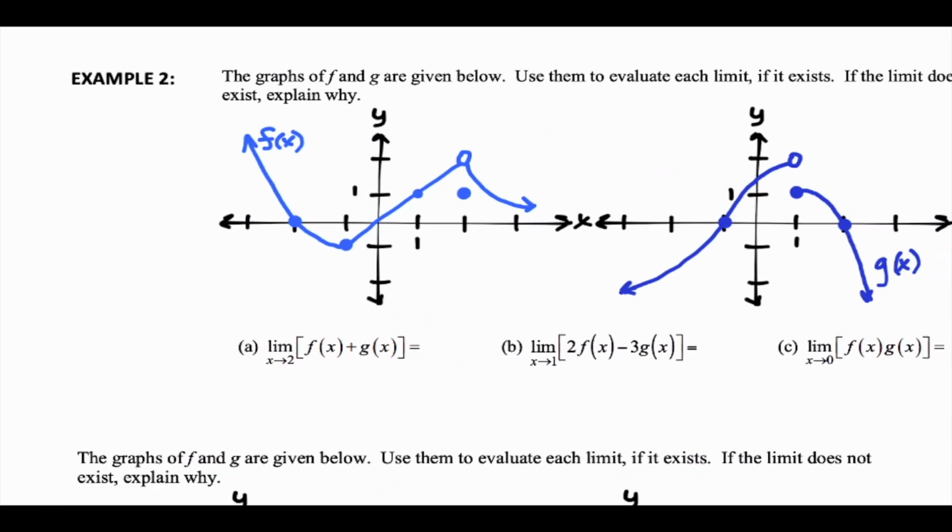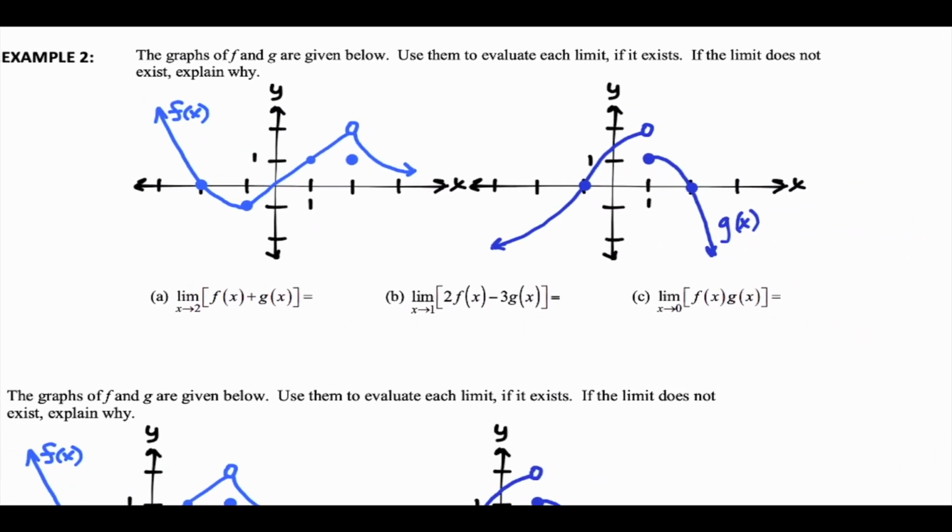Okay, so let's take a look. The graphs of f and g are given below. Use them to evaluate each limit if it exists. If the limit does not exist, explain why. So f is the first graph, g is the second graph. For a, the limit as x approaches 2 of f plus g.